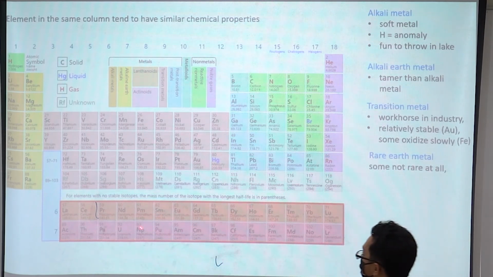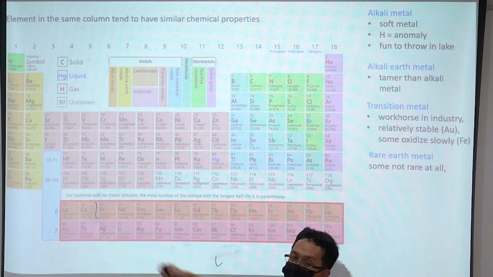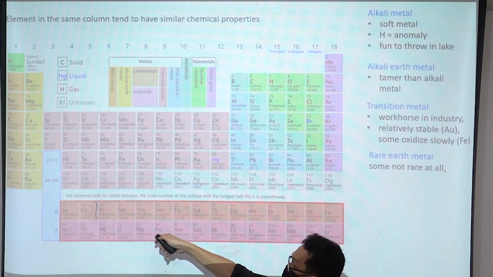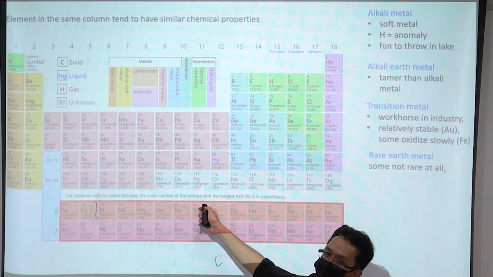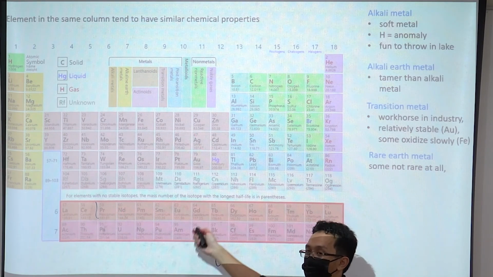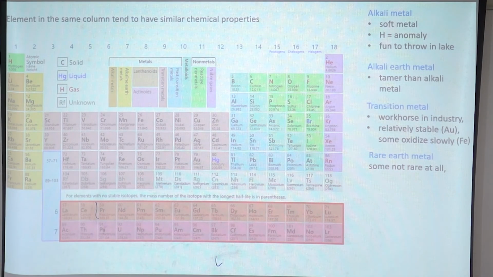And neodymium is normally used for making strong magnets. The neodymium is more abundant than gold. So even though they call it rare earth metal, it's not really rare. People say the word rare refers more to it being difficult to extract from the compound.